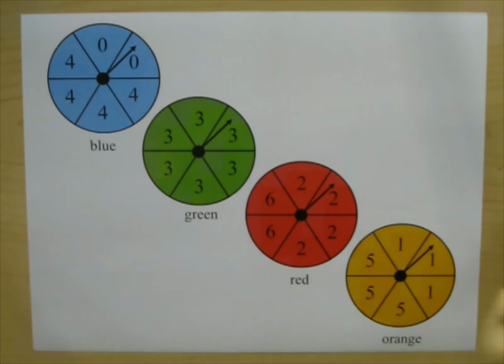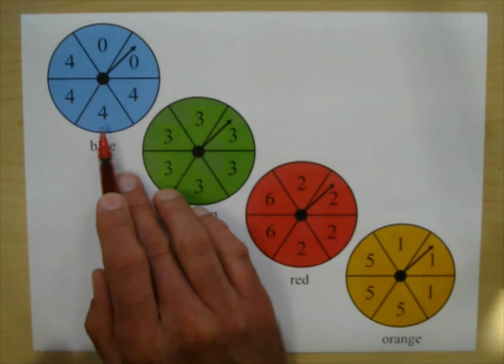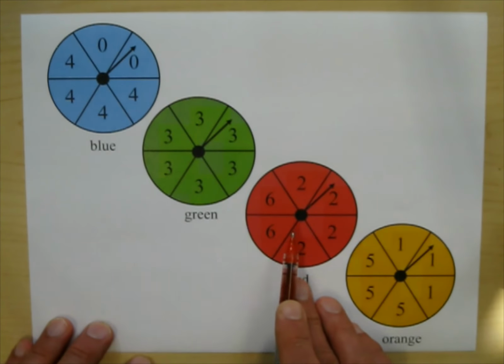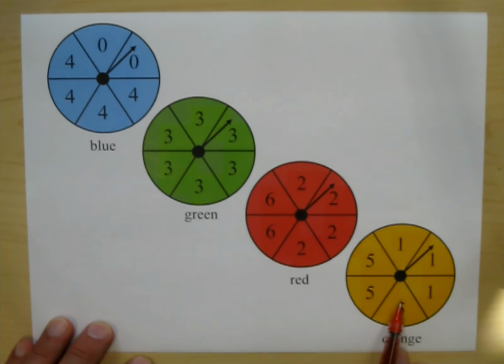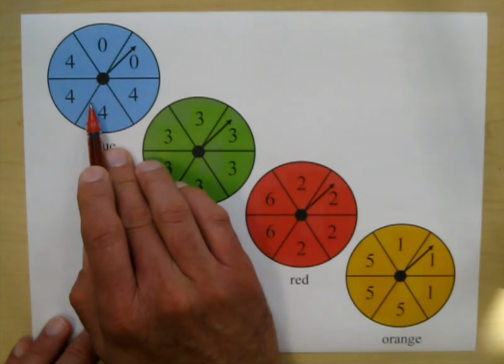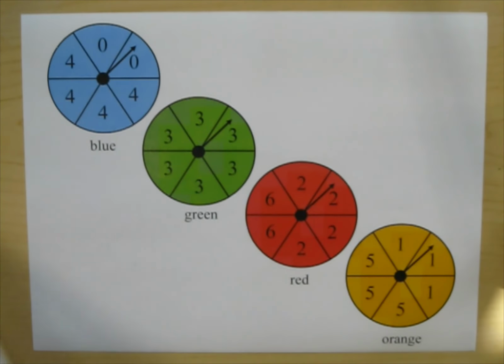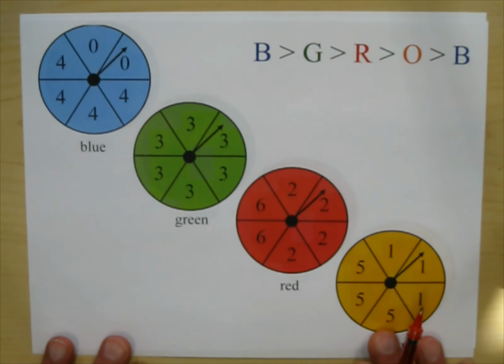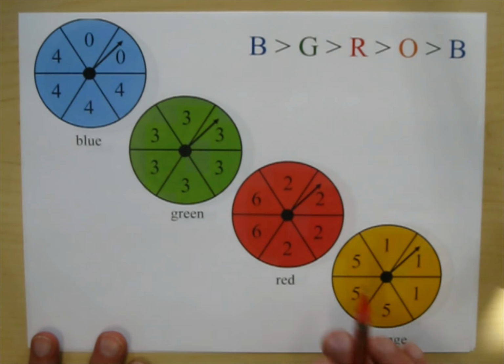Wow, so look what we have. We have blue is greater than green, is greater than red, is greater than orange, which is greater than blue. That's what we have right there.